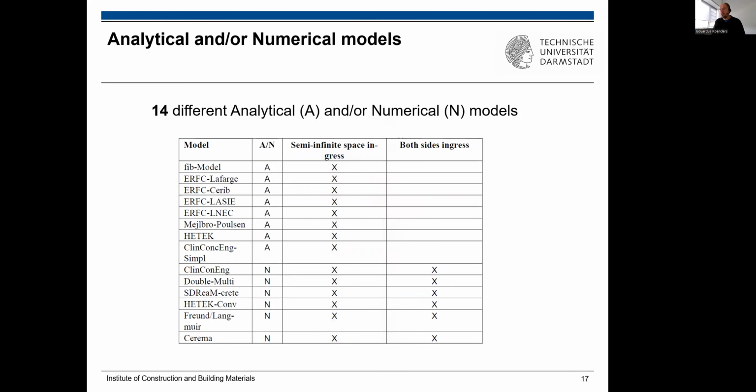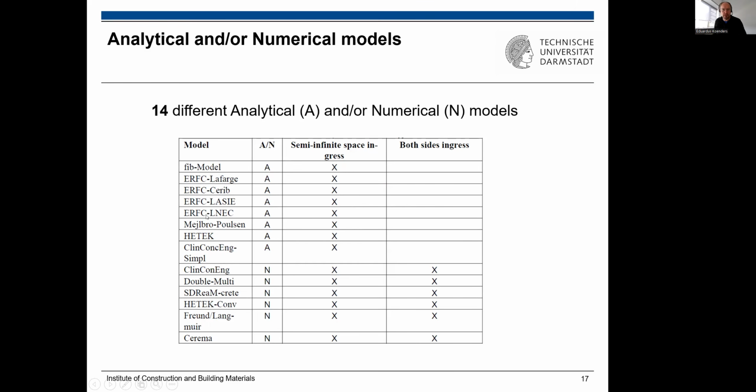Here you see an overview table that explains which different models are used. We have these analytical error function models, and also these numerical models.